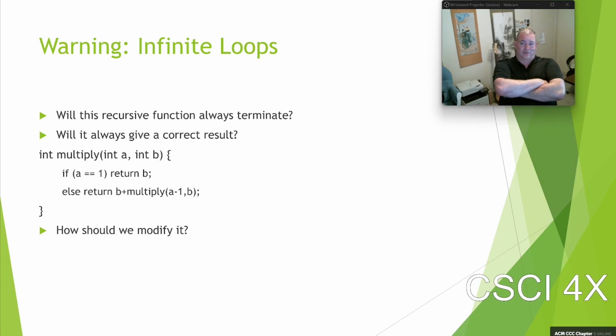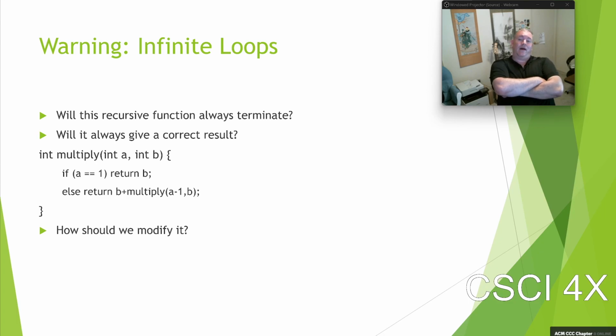I'm going to pause the recording so you can think about it. What should we add to this code here so that it will handle multiplication by 0 properly? If A double equals 0, return 0.